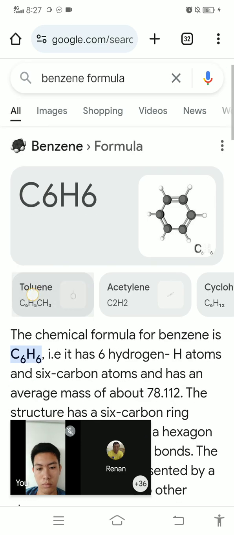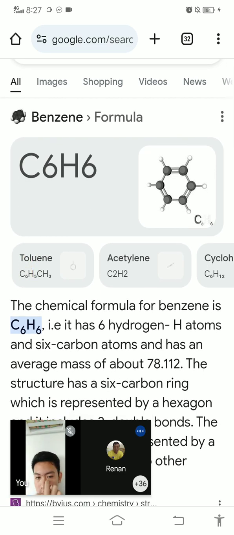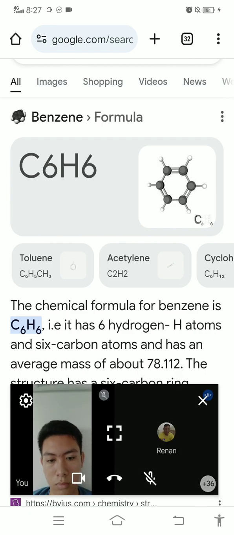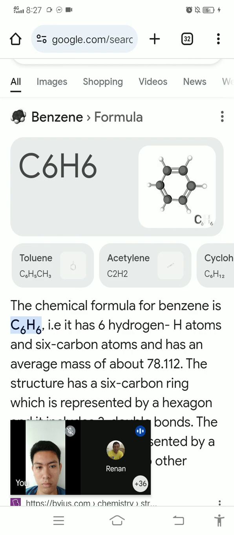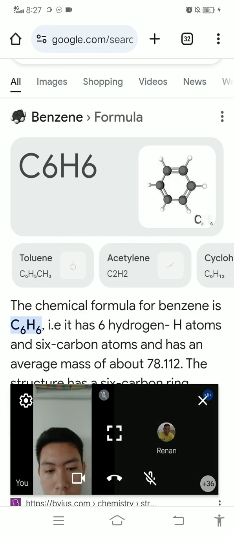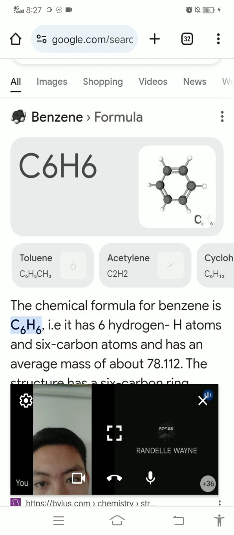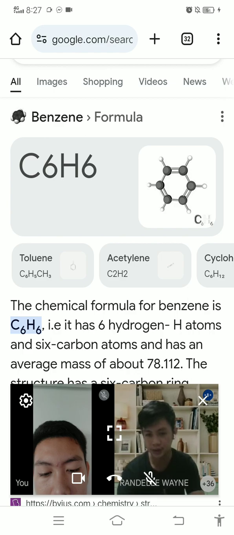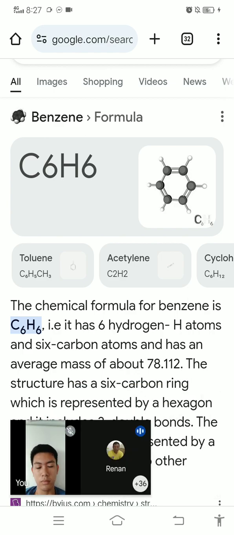Even if benzene ends with -ene, it is not an alkene because it is an aromatic. So what is the formula for benzene? Carbon 6 hydro 6, sir. Carbon 6 hydro 6. Correct. C6H6.